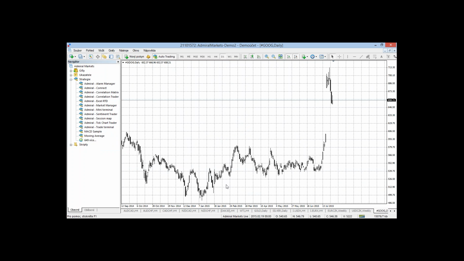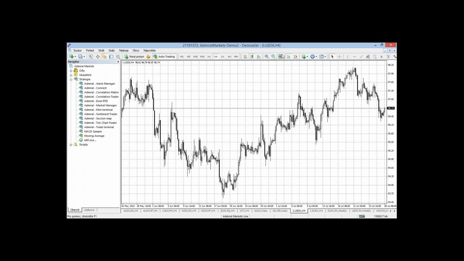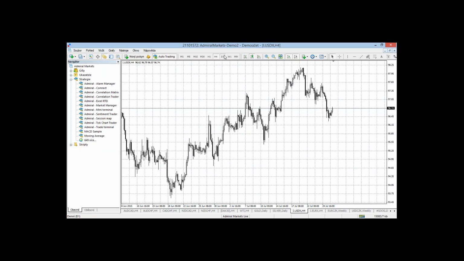So sorry about that, but it probably would be quite similar to the DAX, I guess. Let's see, the dollar index.